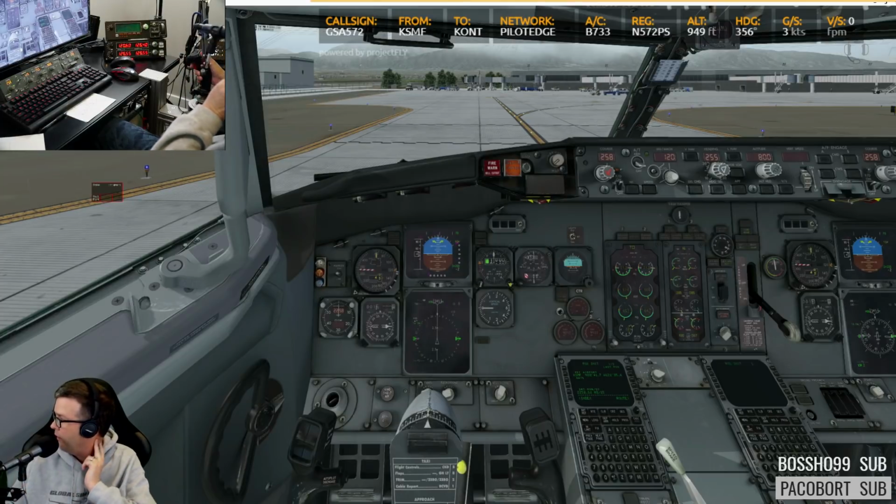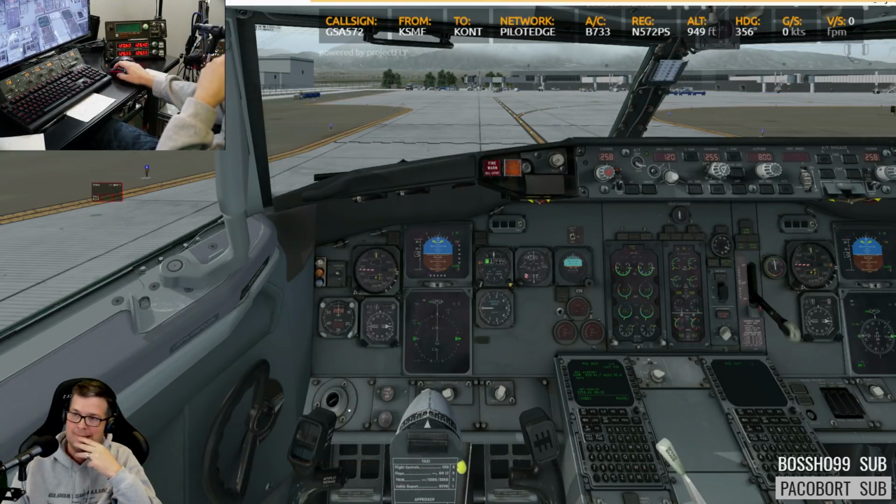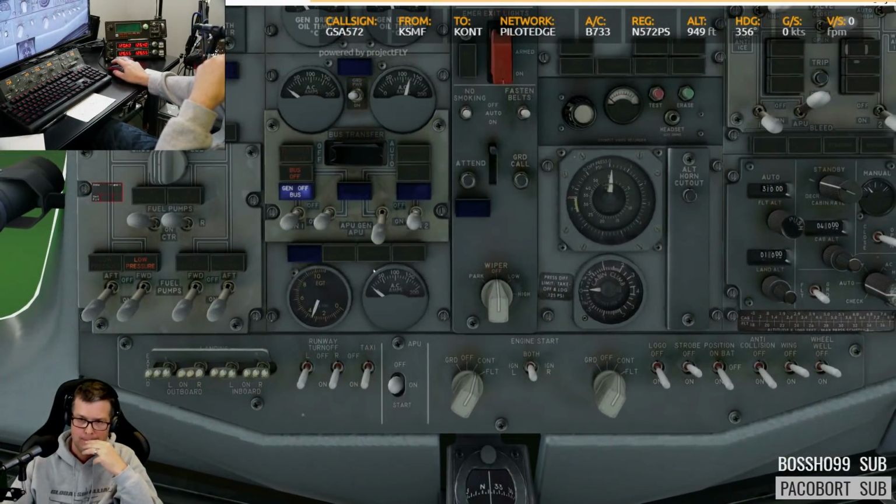Ontario Tower, Global 572. Clear of 26 right at Papa, request taxi Terminal 2. Taxi for pattern work with Foxtrot. This is the Cat 3. That was blocked. Who was that looking for the Cat 3? Skyhawk November 282 Alpha Mike is at the East Hangars, ready to taxi with Foxtrot.